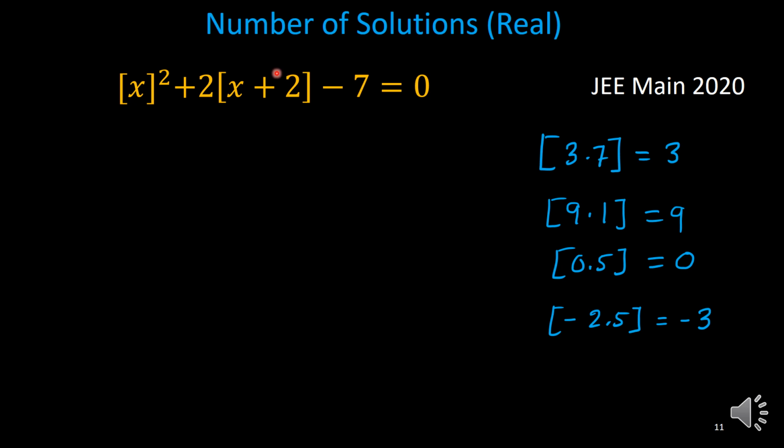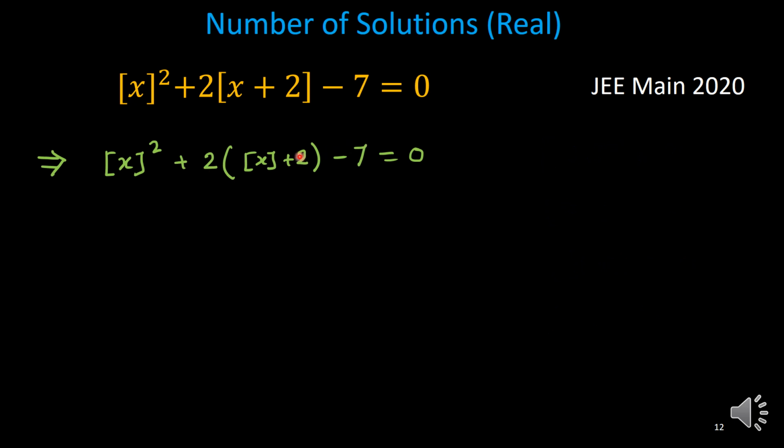So if I add an integer value here, we can take it out separately like this. So the greatest integer of x plus 2 I can write as the greatest integer of x only, plus 2 separately. That we can do. Now we can simplify this equation.